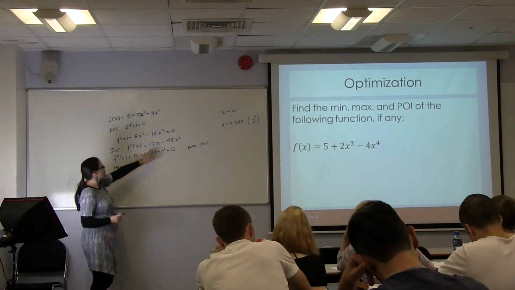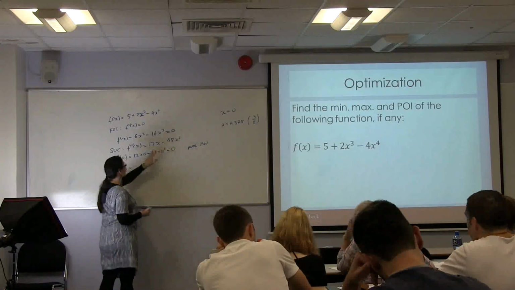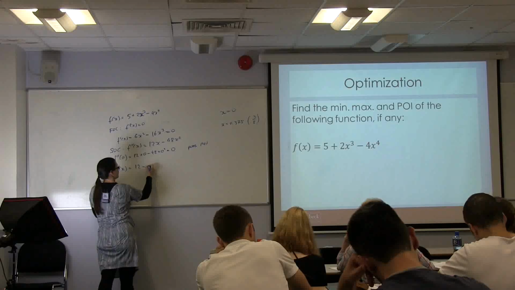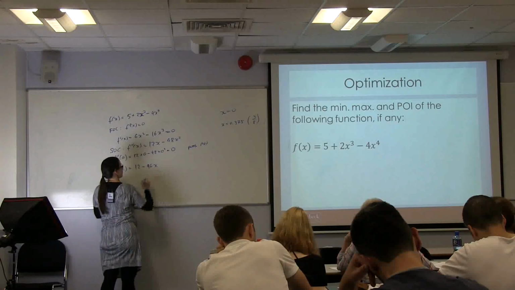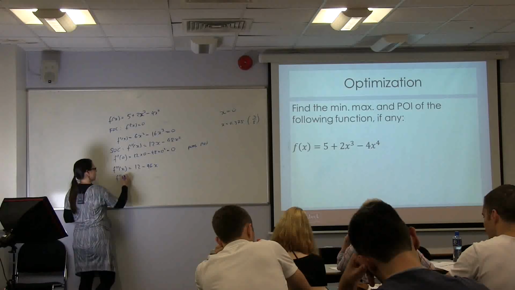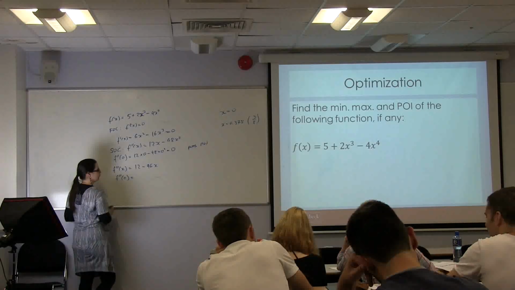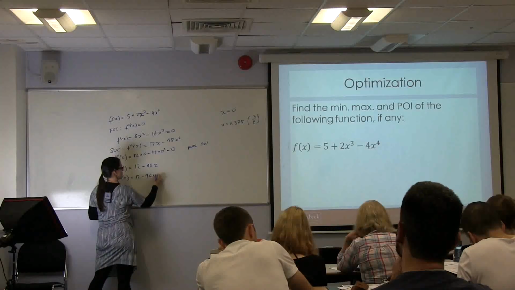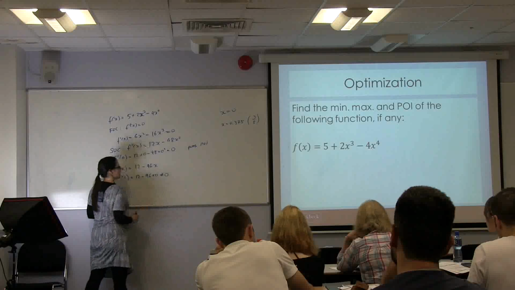So that was the second order derivative. What will be the third order derivative? 12 minus 96x. And the third order at 0 is equal to 12 minus 96 times 0, which is not 0.